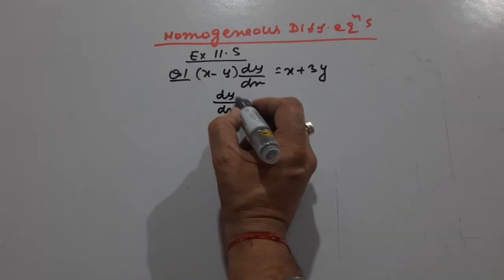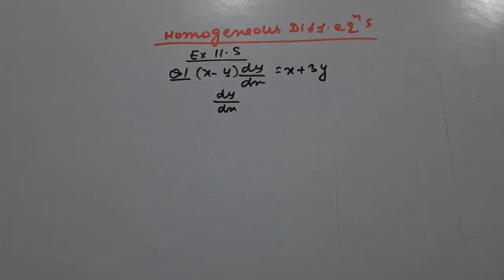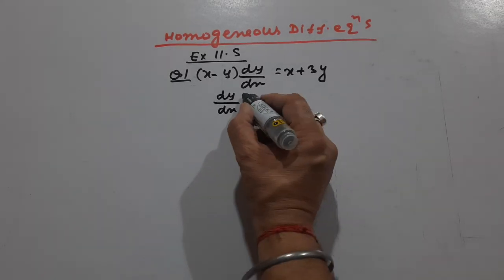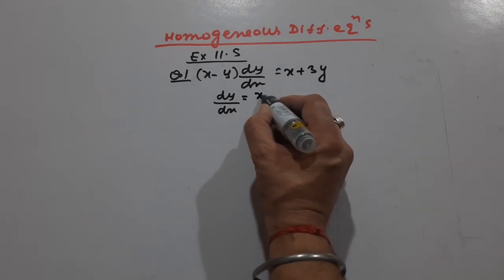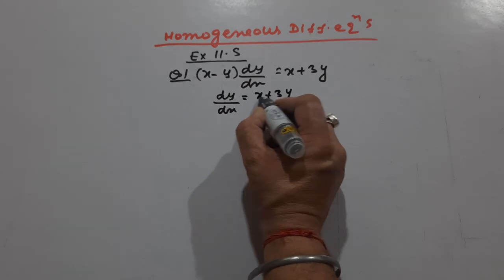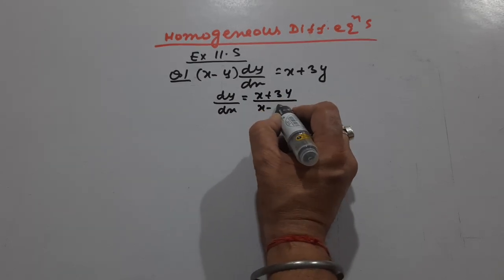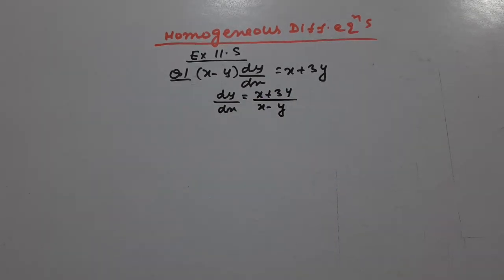Now the question is (x − y) dy/dx = x + 3y. So from here dy/dx = (x + 3y)/(x − y). Now how can we identify that this is a homogeneous differential equation?